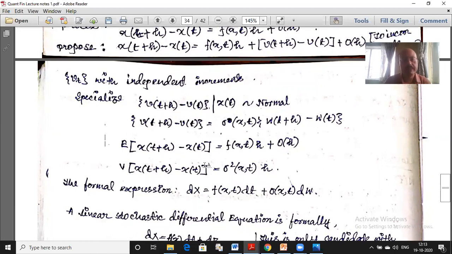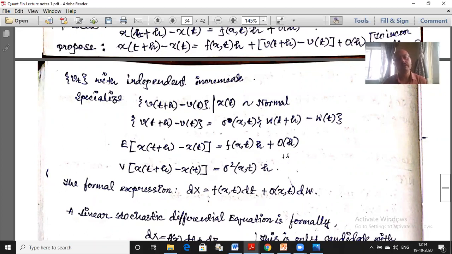And the variance will be exactly sigma squared times h, because the variance of this increment is the same as the length of the time interval, which is h.